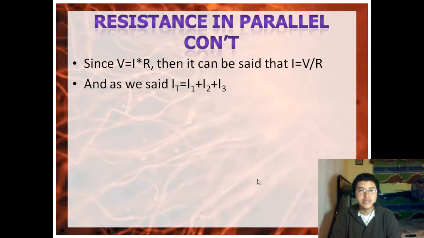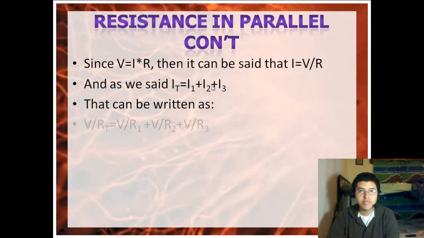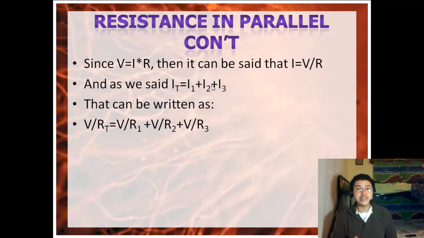And as we said, the total current equals the summation of all the individual currents in the system. And we could write all of this as the voltage divided by the total resistance equals the voltage divided by the first resistance plus the voltage divided by the second resistance plus the voltage divided by the third resistance.